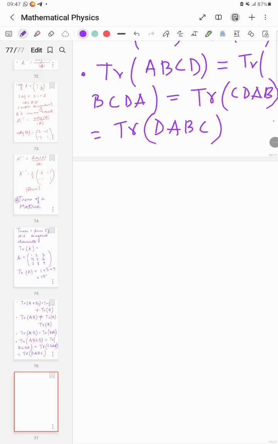Now let us continue our discussion on types of matrix.